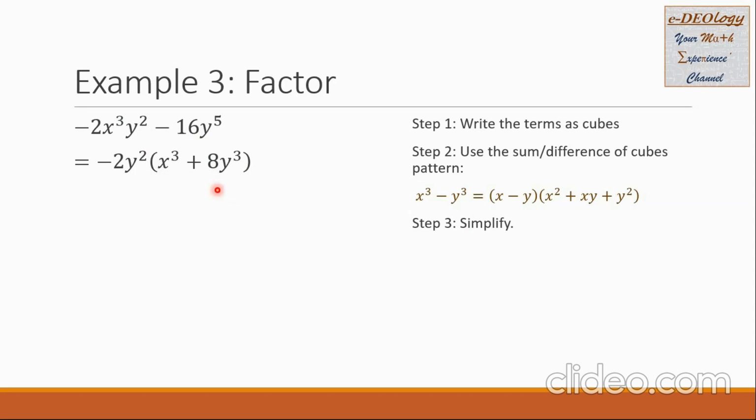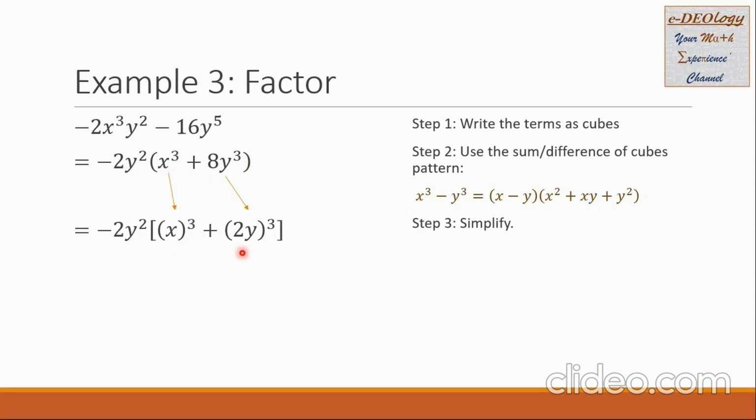Let us write the terms as cubes. So first I copied the GCF, negative 2y squared, and then the x cube is now written here as the cube of x. The 8y cube is now the cube of 2y. Now let us go to step 2. Let us write the factors.